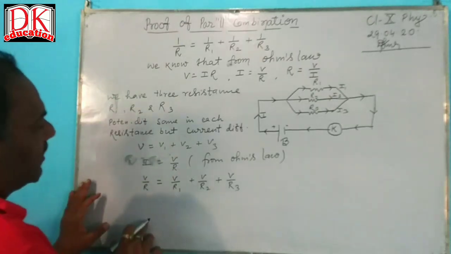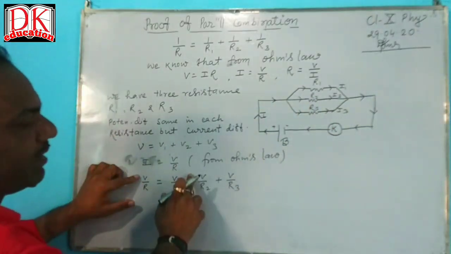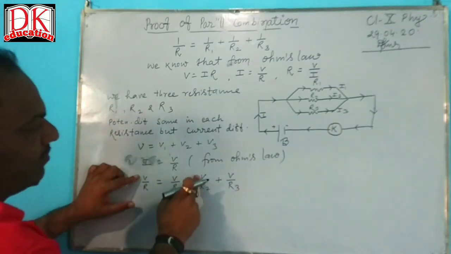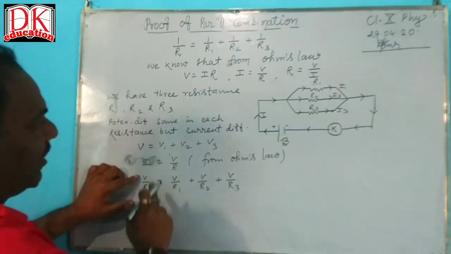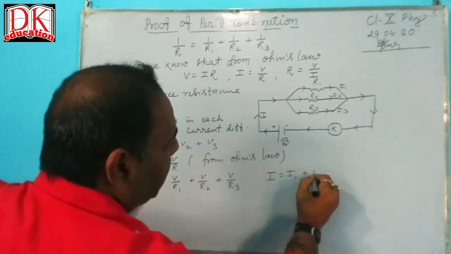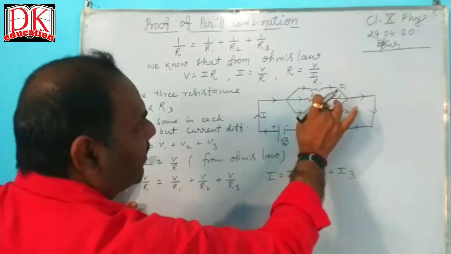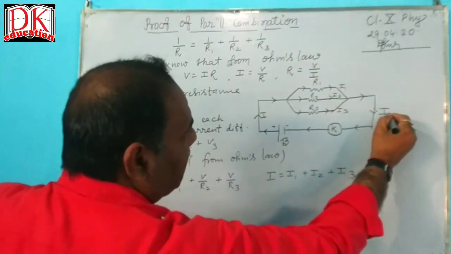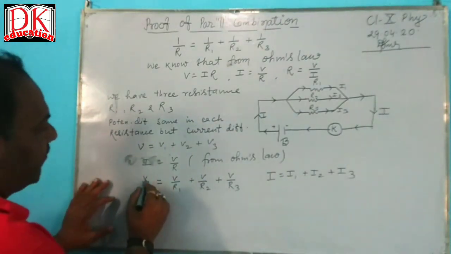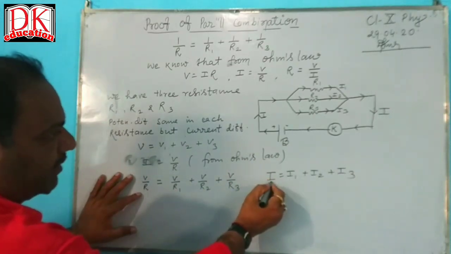Here V is the same in all the resistances, so we cannot divide the potential difference. Only the current is divided: I is equal to I1 plus I2 plus I3.